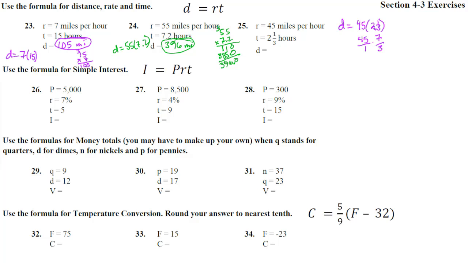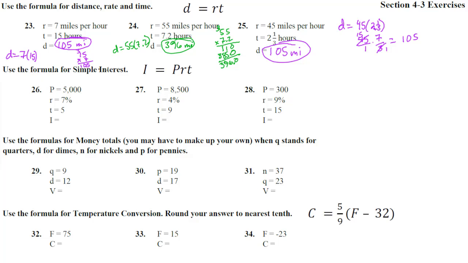Now, if you look here, I know that 45 is 9 times 5 or 3 times 15. So I can reduce ahead of time the 3 here and the 3 there and get 15 times 7, which we just did over here, which was 105. Wow, 105 miles. Excellent.